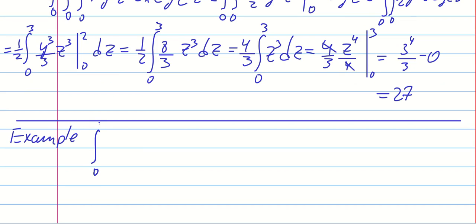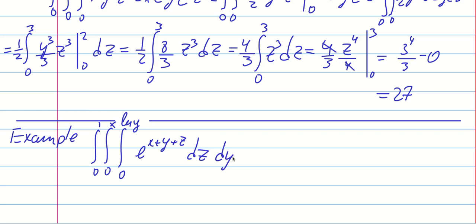Integral from 0 to 1, integral from 0 to x, and integral from 0 to ln of y, and the function is e to the x plus y plus z, dz dy dx. So the order is switched around.